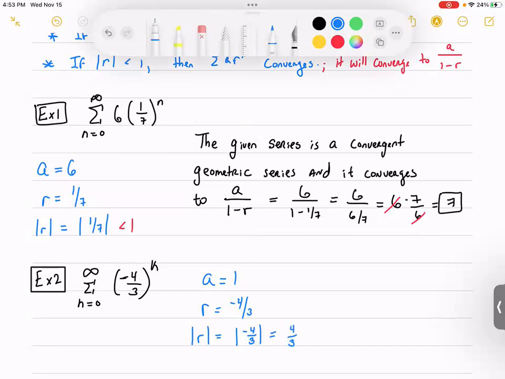Now 4/3, is it going to be greater or less than 1? Yeah, it's definitely greater than or equal to 1. So what do we know about this series? That's right, the series diverges.